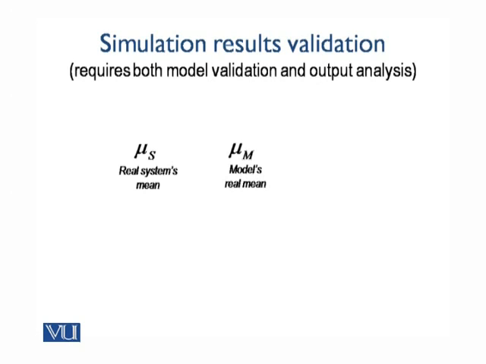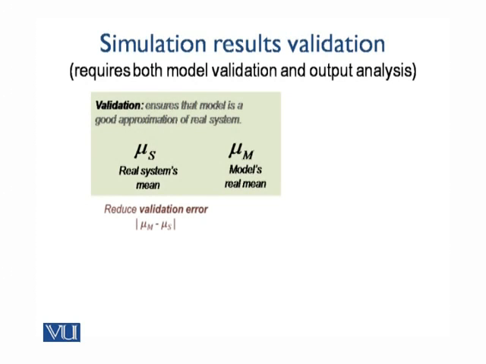The point I'm trying to make is that mu m is not the same as mu s typically. If your model is an approximation, then there would be some difference between mu m and mu s. If your model is a good enough representation of the system, then this difference between mu s and mu m would be small. If it is very large, then our model is not good enough. So this is the first source of errors that we can have.